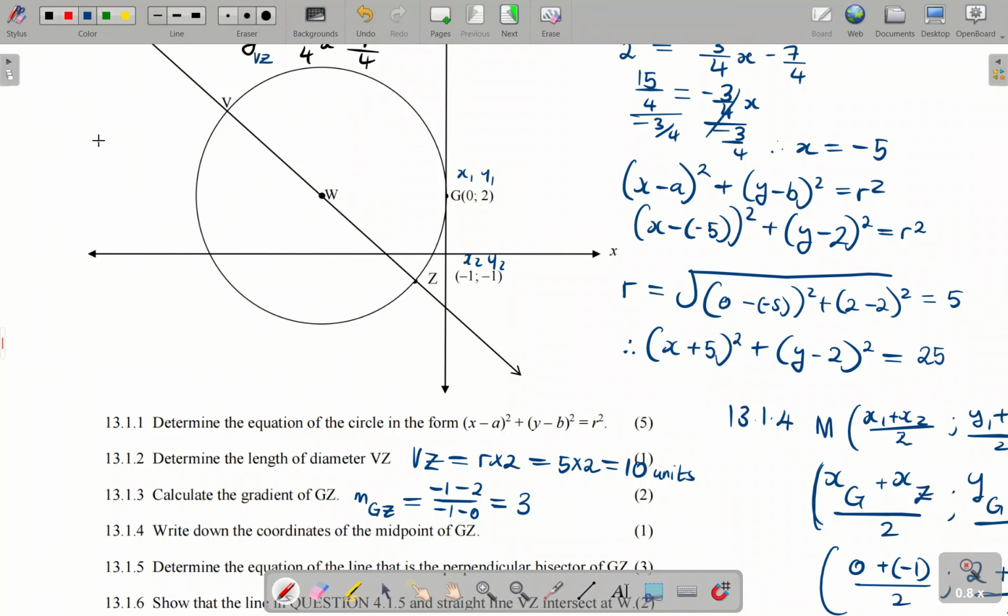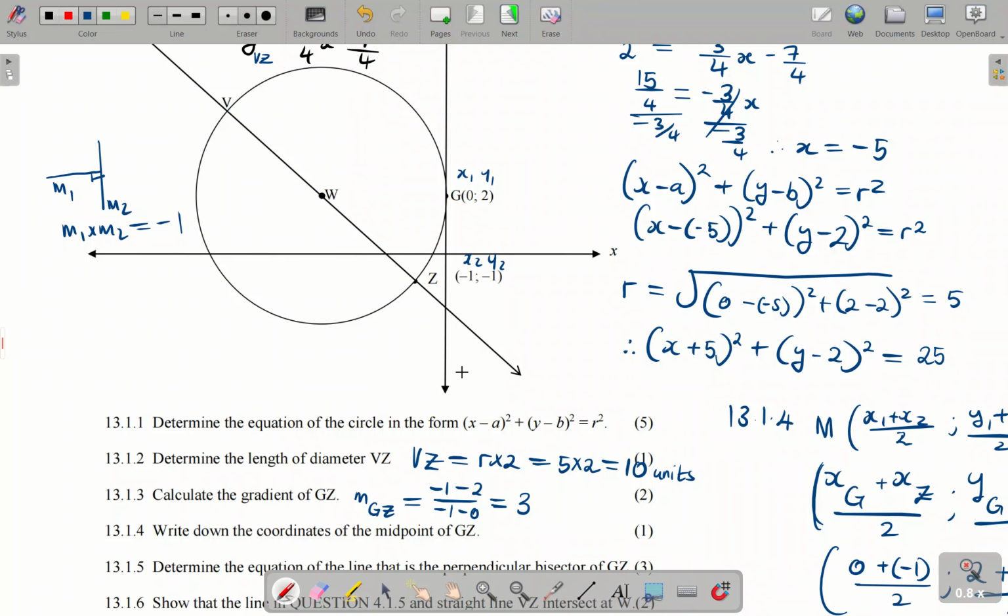When you have this situation, you simply need m1 and m2 and get their product, which is equal to negative 1. We use that formula whenever you have two lines that are perpendicular to each other.